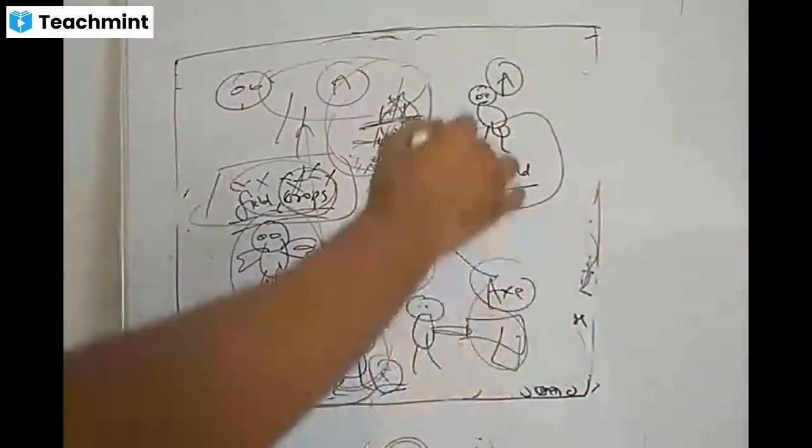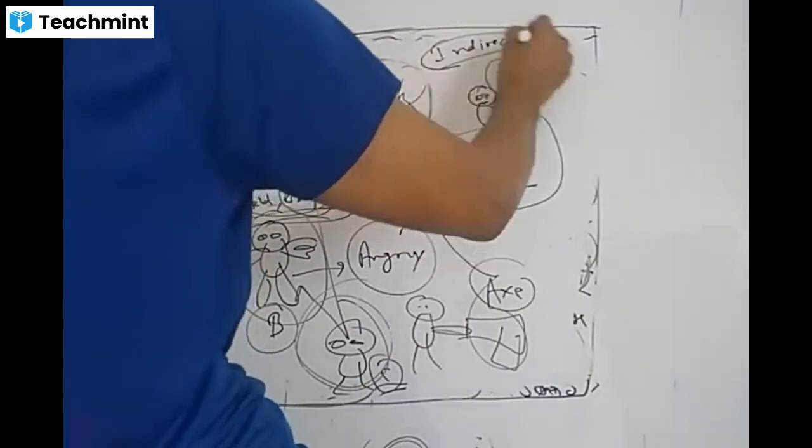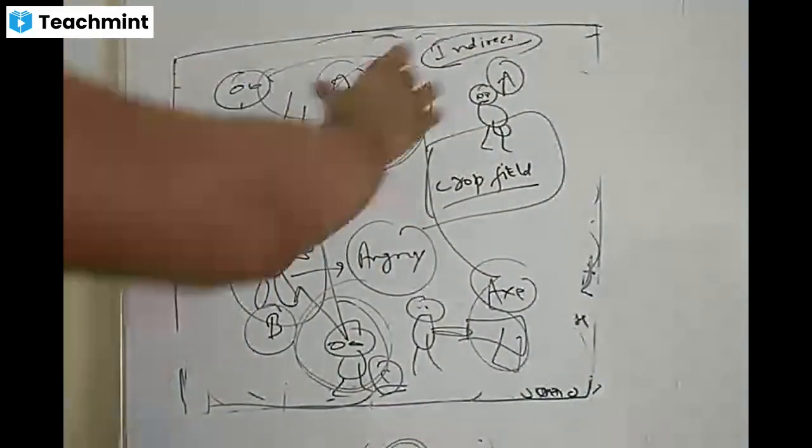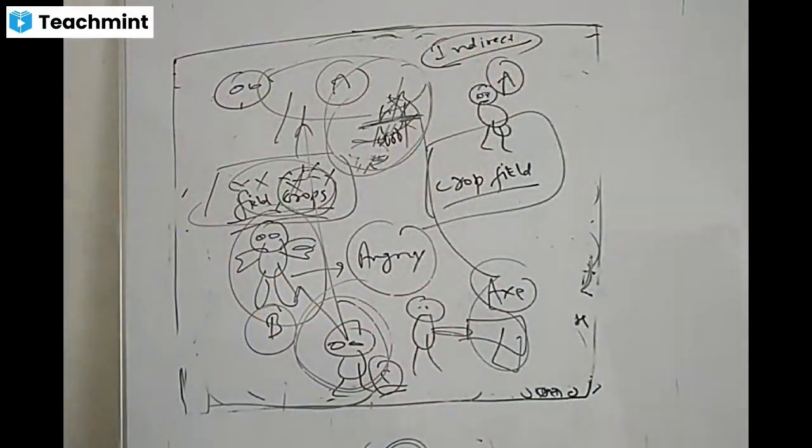Second case is indirect. In case of indirect, person C did not see the incident itself.